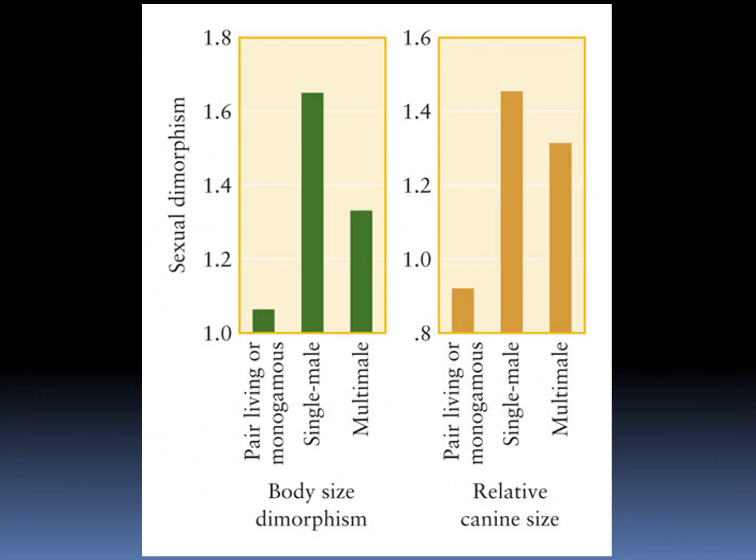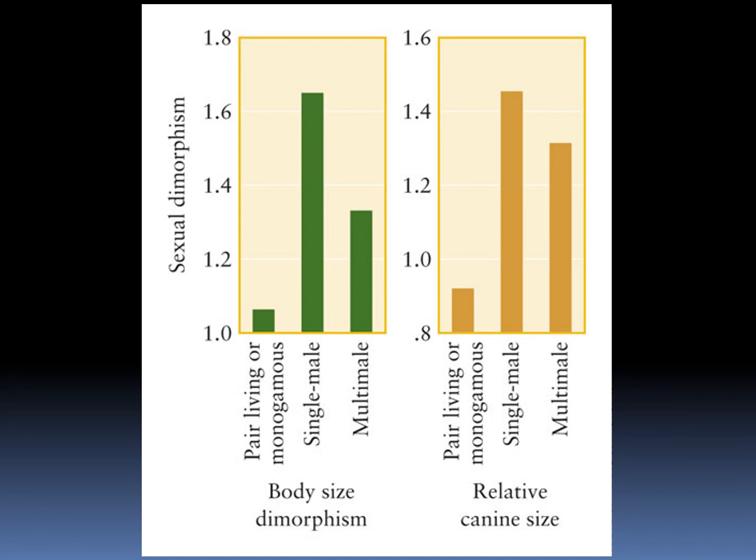So this is showing you sexual dimorphism in terms of body size and relative canine size. In terms of mating systems, if we have a multi-male mating system, we're going to have a large degree of body size sexual dimorphism, and we're going to have relatively large canines.